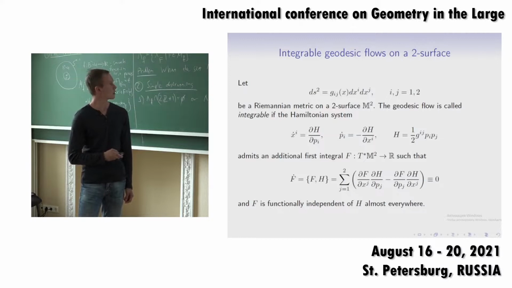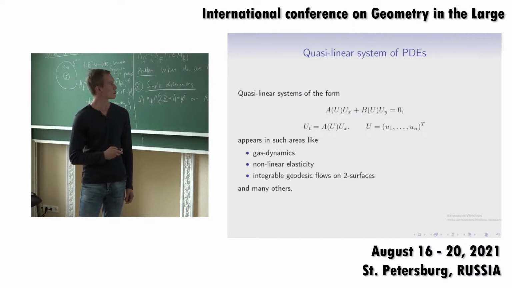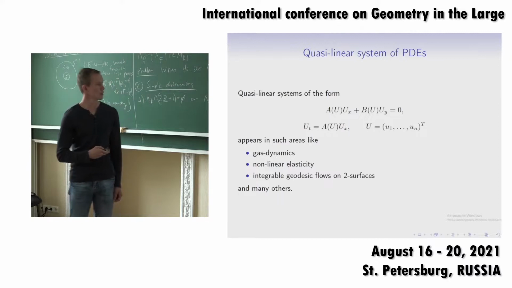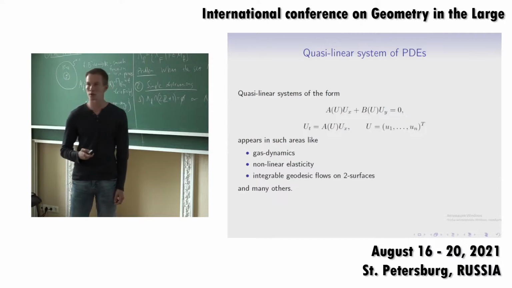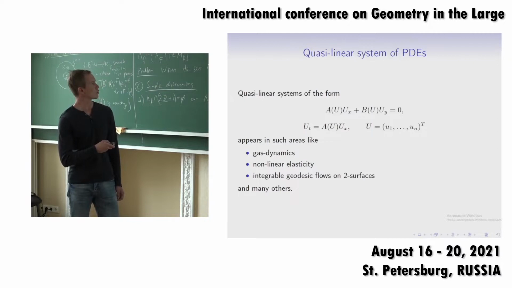As I shall demonstrate a little bit later, searching for the first integral can be reduced to searching for solutions of a certain quasi-linear system of PDEs of such a form, or maybe such a form. It depends on the coordinates in which you work. Here U is a column of the unknown functions U1, ..., UN, which depend on two variables, x, t or x, y.